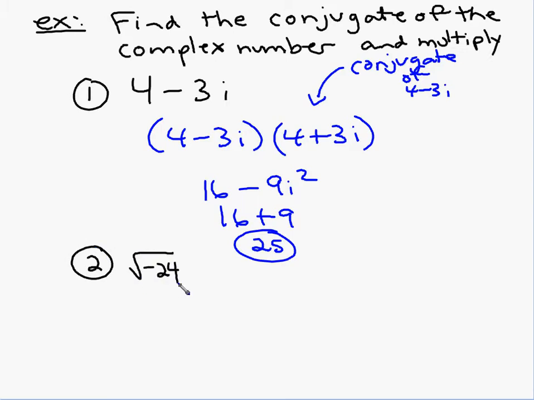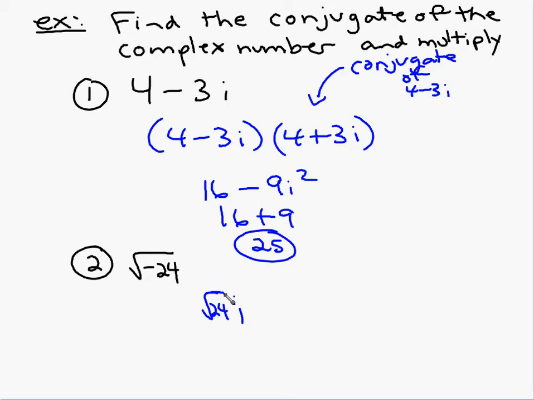The square root of negative 24. And you might be thinking, well, how can I write the conjugate of that? Well, I'm going to show you. First thing we want to do is take our i out. Okay? So let's take our i out, and I have the square root of 24 i. I'm going to write it like that this time. Well, how would I write that as a complex number?